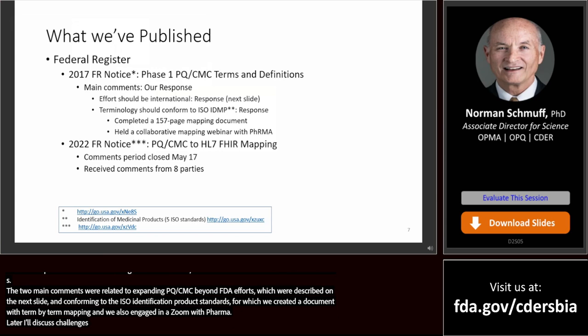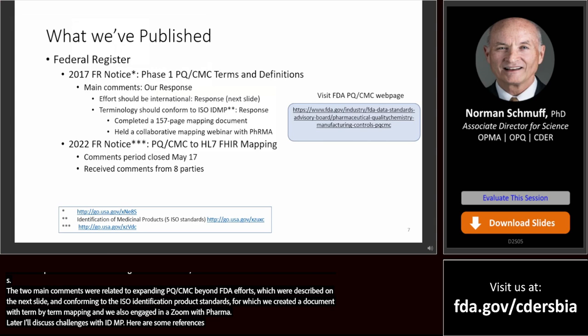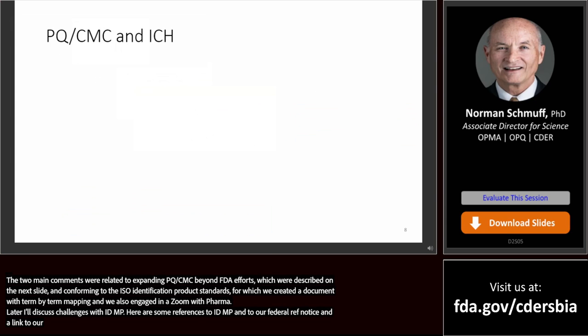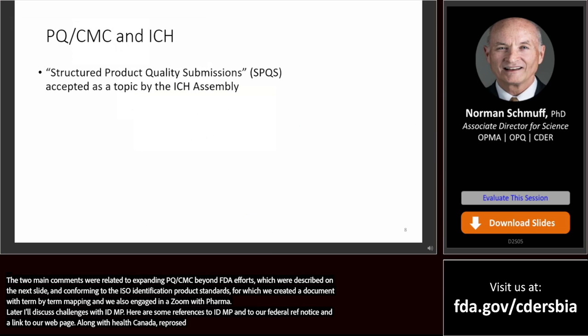And here are some references to IDMP and to our Federal Register notice, and a reference to our FDA webpage that contains PQCMC information. Along with Health Canada, we proposed an ICH topic on structured data quality.